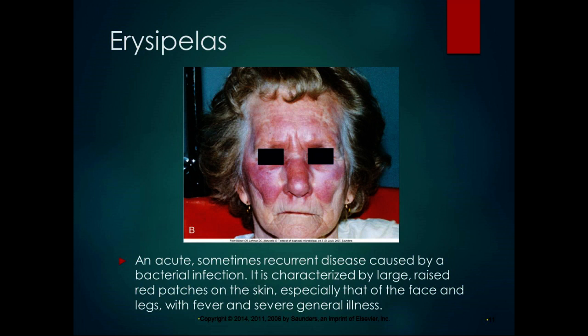It's an acute, sometimes recurrent disease caused by bacterial infection. It's characterized by large raised red patches on the skin, especially on the face and legs, with fever and severe general illness. But it's a bacterial infection that causes an inflammatory response, and it's a localized response, even though the fever and the general illness are the systemic side of it.